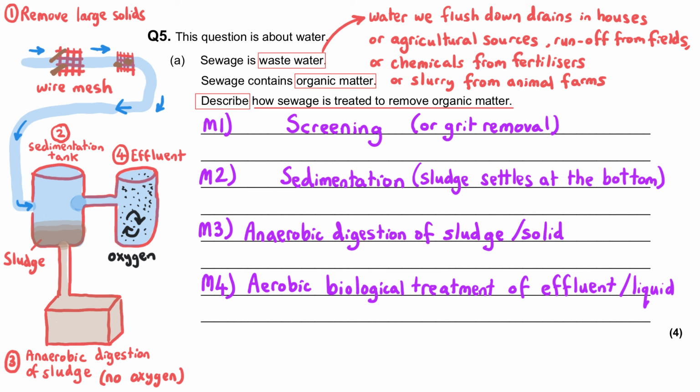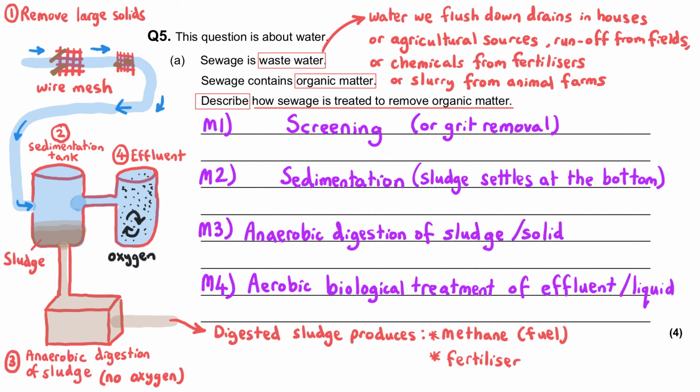And then having finished this process off, the sludge is now much kind of safer. We get some added benefits as well from this digestion, because the sludge can be converted into methane gas, and we can also use the leftover sludge as fertilizer.